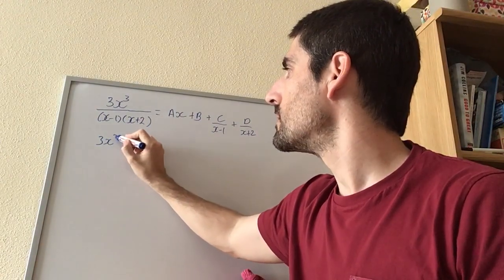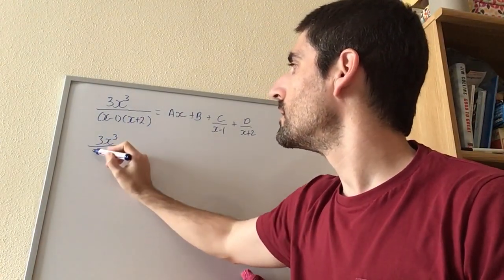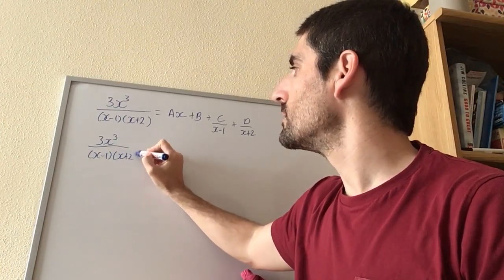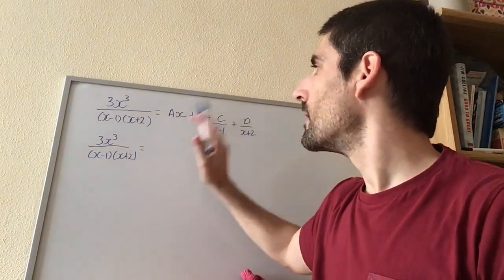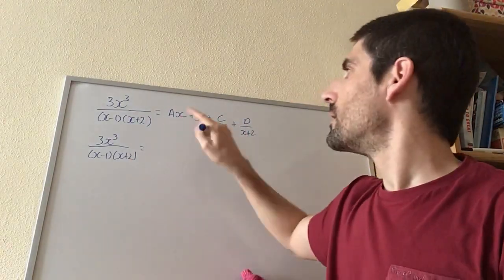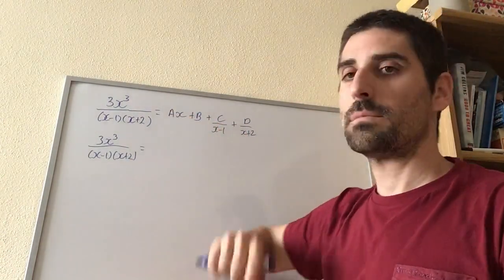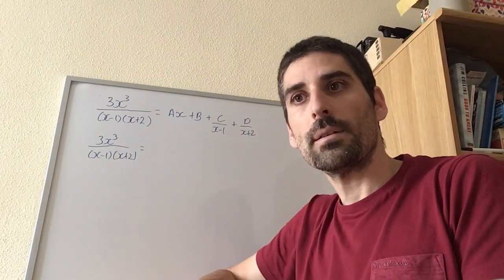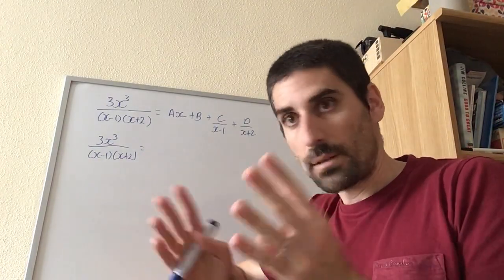So 3x cubed over (x minus 1)(x plus 2) is going to equal, we're going to take these together, because both of those are over 1, so we just treat them as one single term.